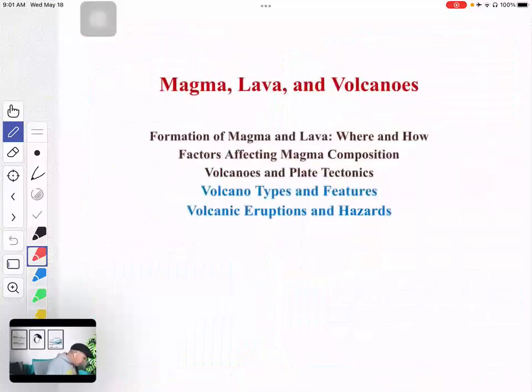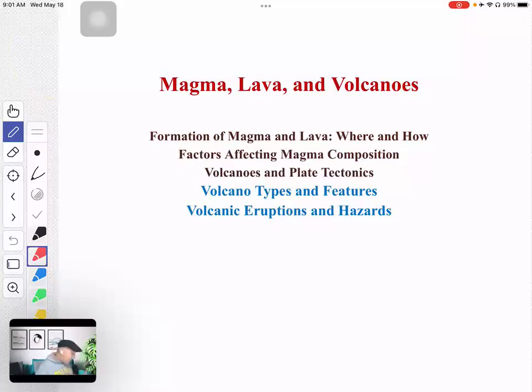Okay, so for this module, the topics we are covering are magma, the formation of magma, the difference between magma and lava, and looking at the expression of magma reaching the surface, which is a volcano.